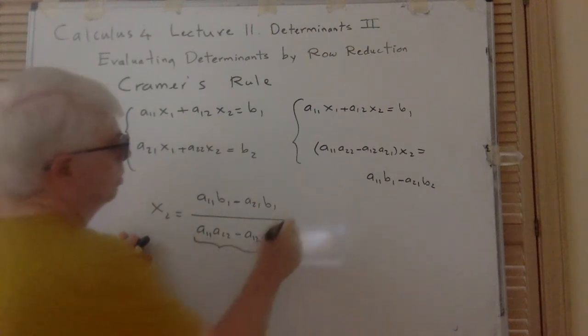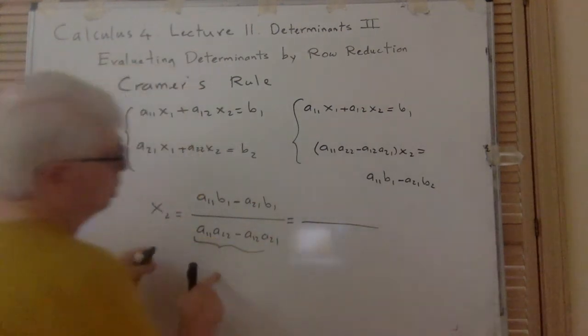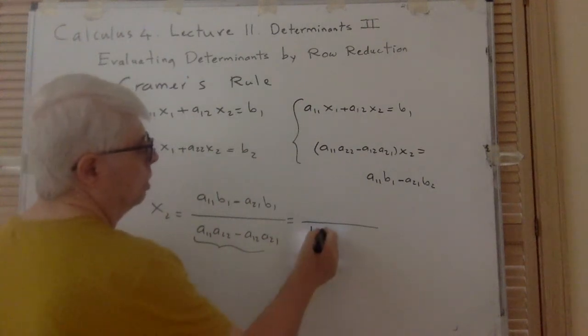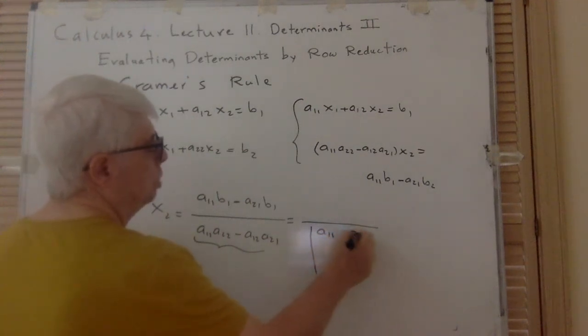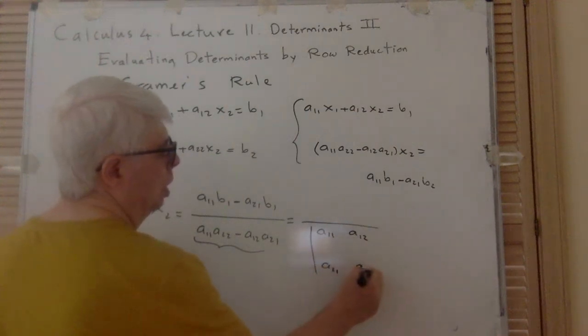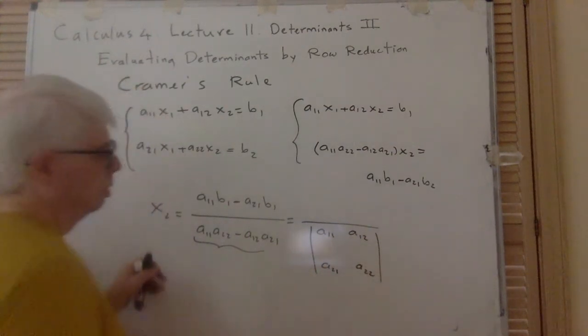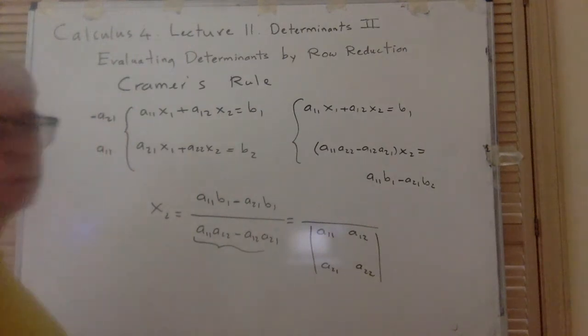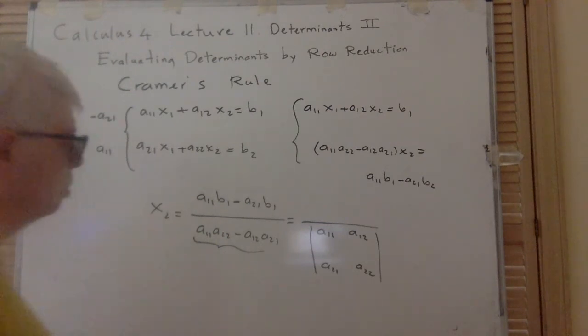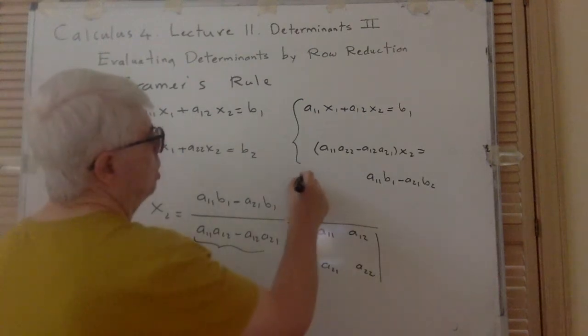What is this? The denominator, you know, a11 a22 minus a12 a21, wow, this looks so familiar. That is the determinant of this. So whenever you see something like this, just think about determinants. The top one is also a determinant.